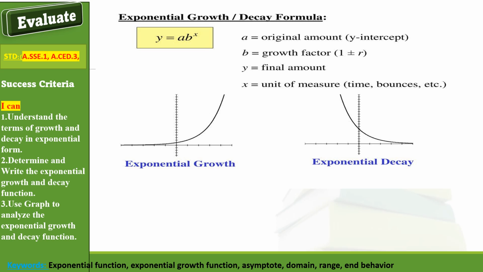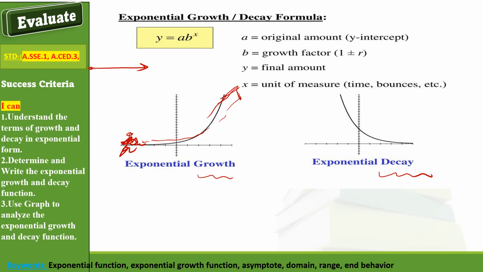How is the graph of exponential growth and exponential decay shown? We always read the graph from left to right, the same way we read the English language. So look at this one. What is happening? If you are standing here, you can say that the graph is continuously increasing.